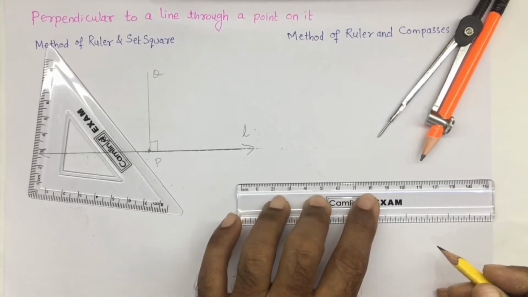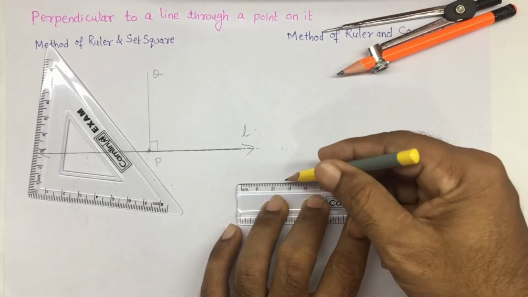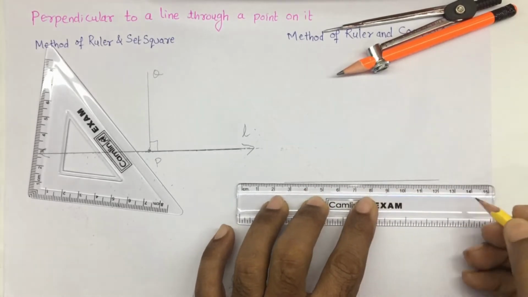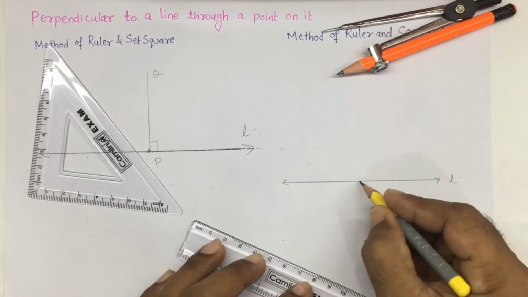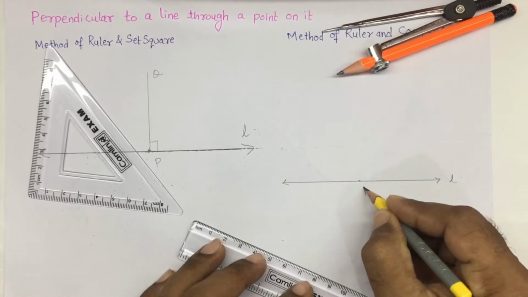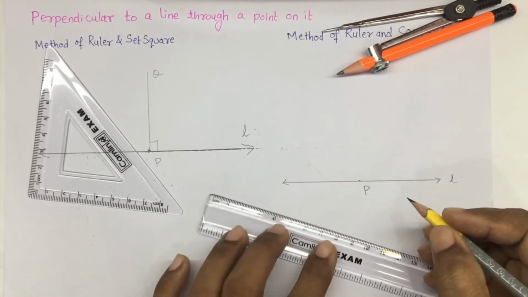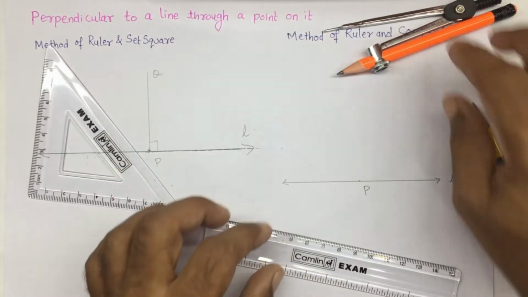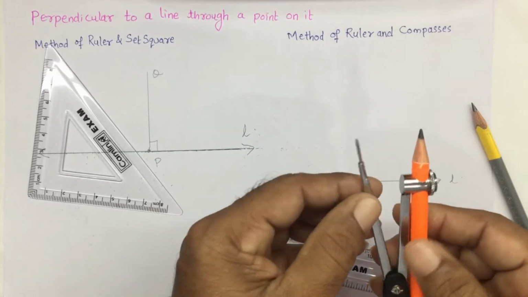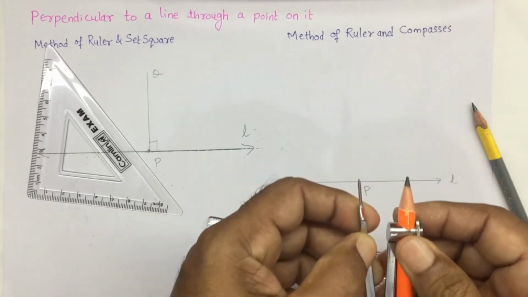So suppose we have a straight line here, say line L, and point P is given here. Now we need to draw a perpendicular through that point using the compasses.